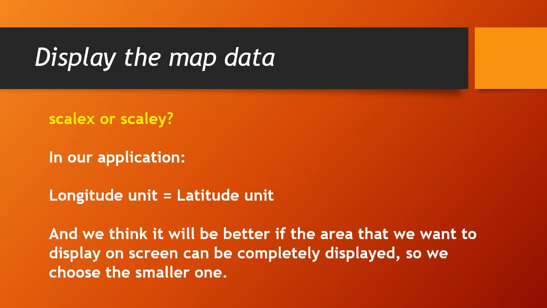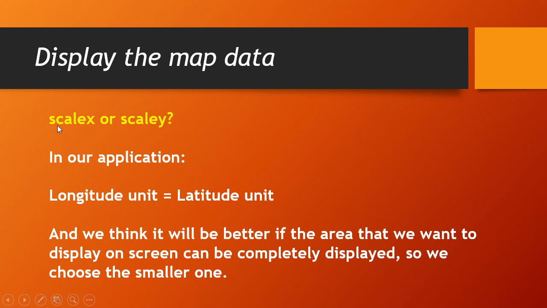If we assume our screen, for example, has a width of 800 pixels and a height of 600 pixels, and we want to draw our square map on the screen, we don't want it to be distorted to fit the rectangle of the screen. We still want it to be a square on the screen.